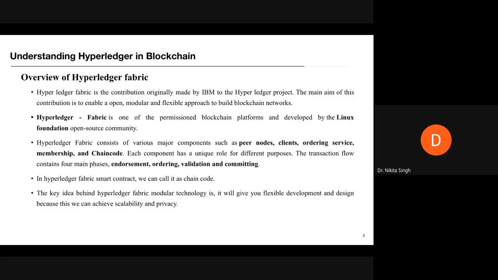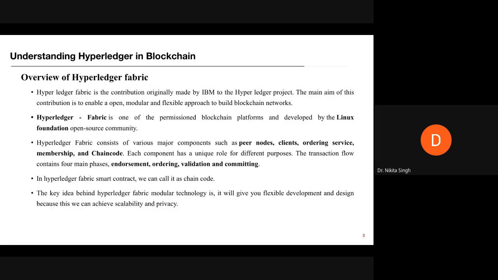So in the following sections, we'll see how Hyperledger Fabric differentiates itself from other blockchain platforms and what its architecture is like. So Hyperledger Fabric, you can say, is an open source enterprise permissioned distributed ledger technology. It is open source, it is enterprise, it is permissioned, and it is a distributed ledger technology. And it has been designed for use in the context of enterprises.